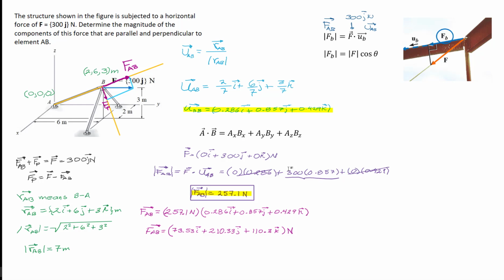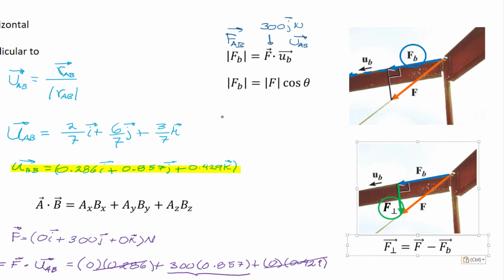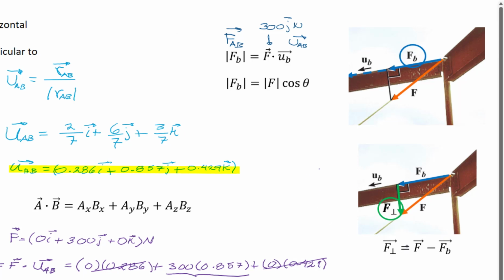Okay, let's go back to the theory and check what the theory says about the dot product. Remember that we have another way to calculate the other vector, the perpendicular one. If I know the hypotenuse and one cathete, I can subtract from the hypotenuse the other vector.